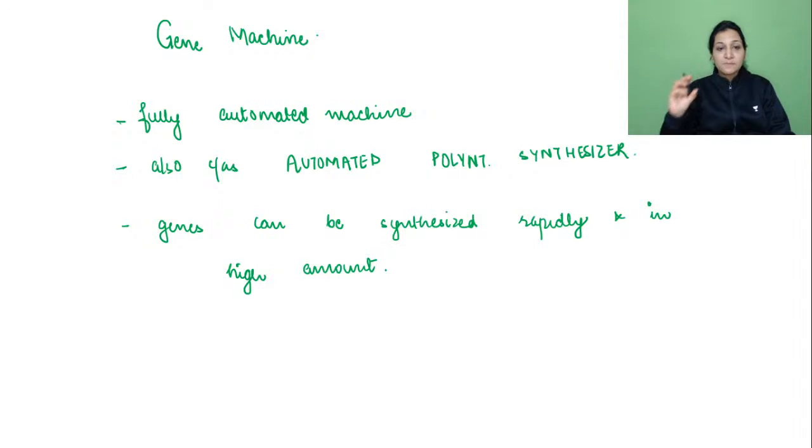So it's a simple method, almost correct method, and it is also a rapid method. It synthesizes short segments of single stranded DNA under the control of a microprocessor, which can be used as primers and probes.